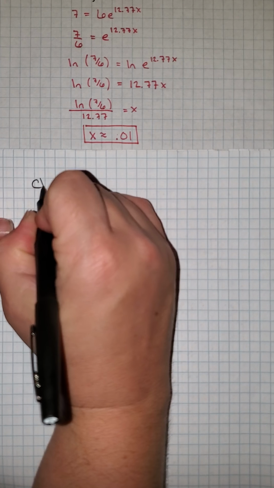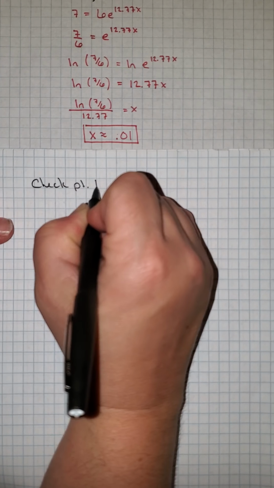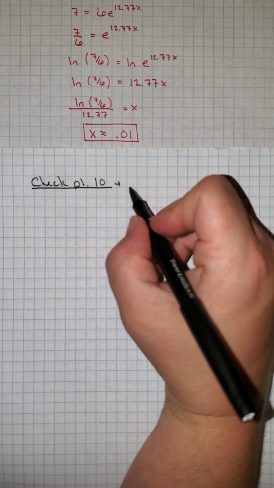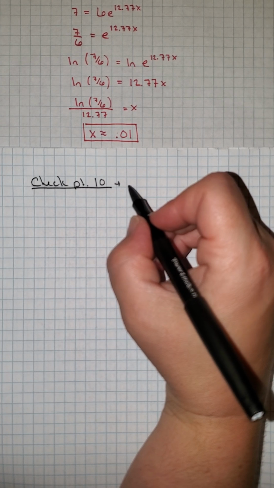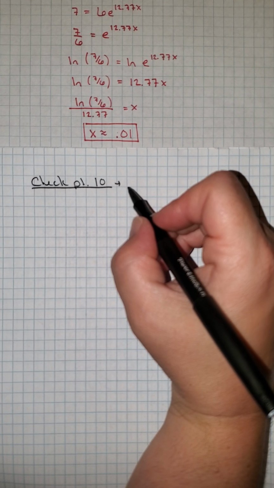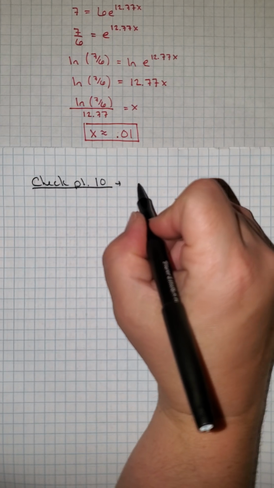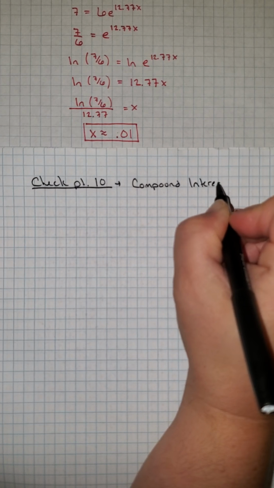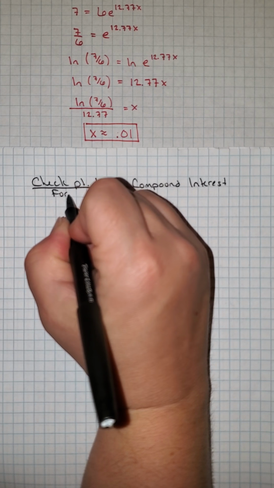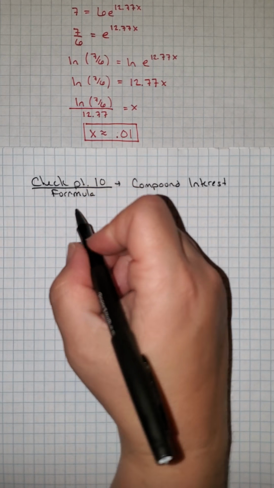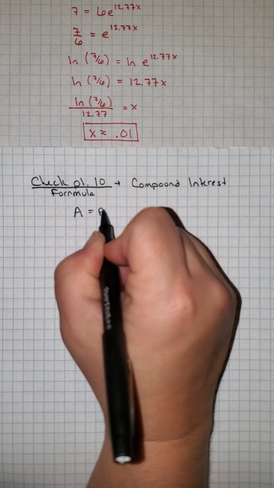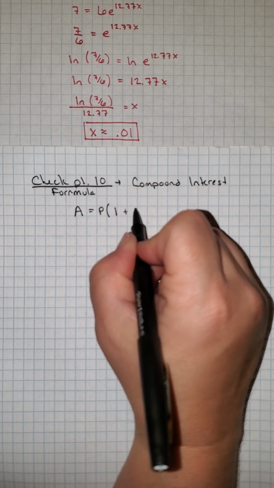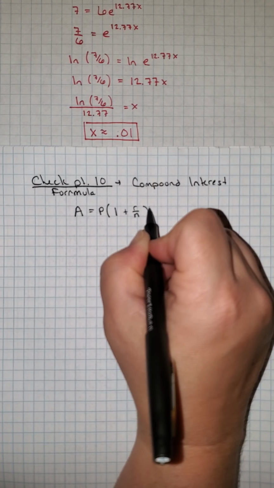We're going to use the other one, the compound interest formula. Okay, so we'll be using A equals P times 1 plus R over N to the NT.